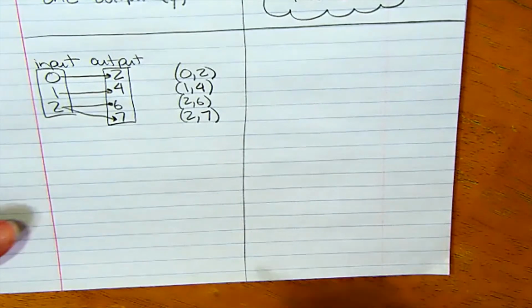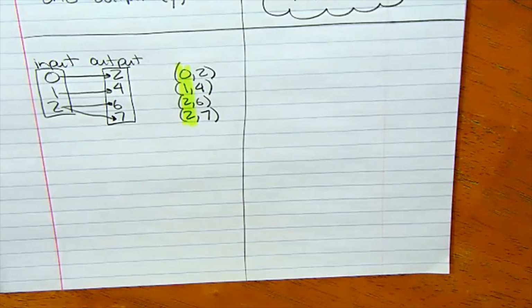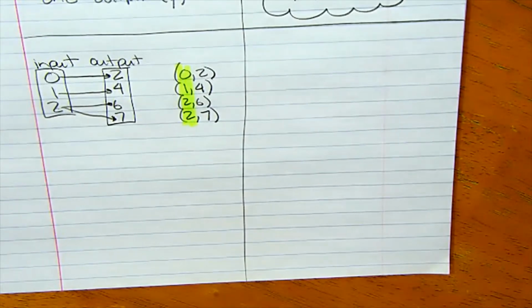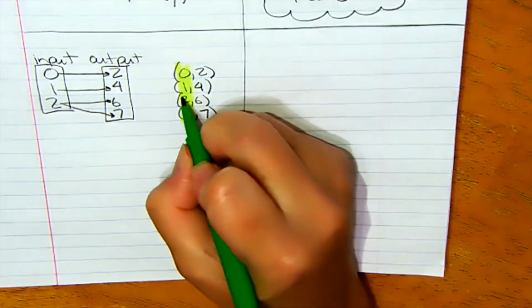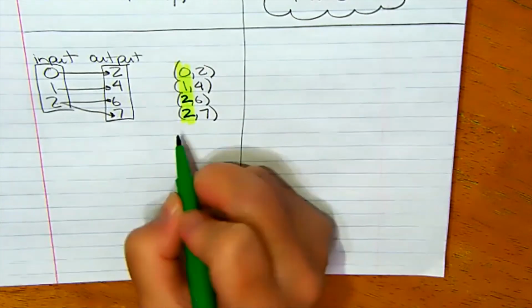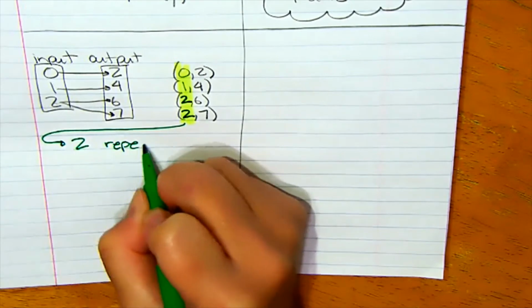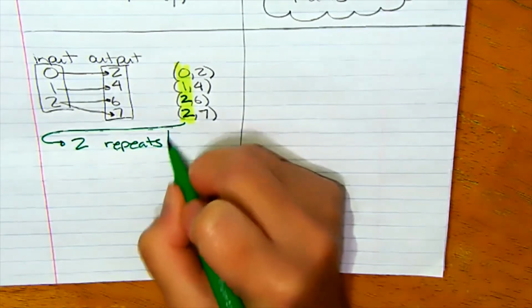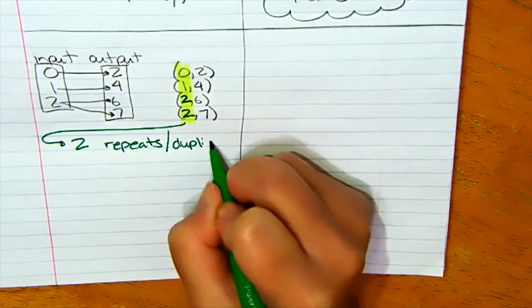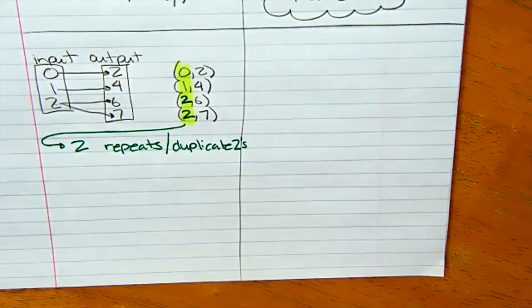We're going to look at our inputs. There's our inputs. Do we have any repeating or duplicate inputs? We do. I see a 2 here and a 2 here. Uh-oh. So 2 repeats, or we have duplicate 2s.